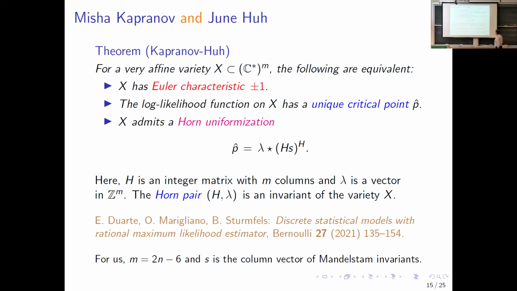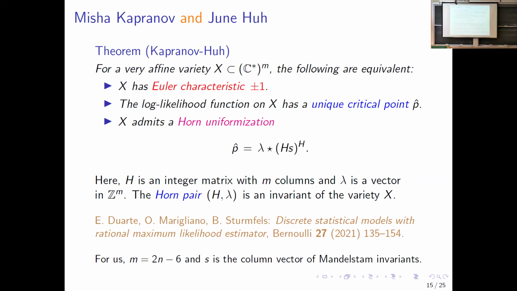Therefore, this is a vector whose entries are an alternating product of linear forms. And this star is the Hadamard product, or coordinate-wise product. So I multiply the ith coordinate of this vector with the ith coordinate there. Very concise notation.